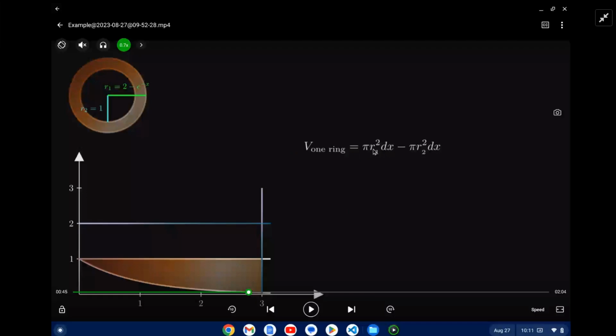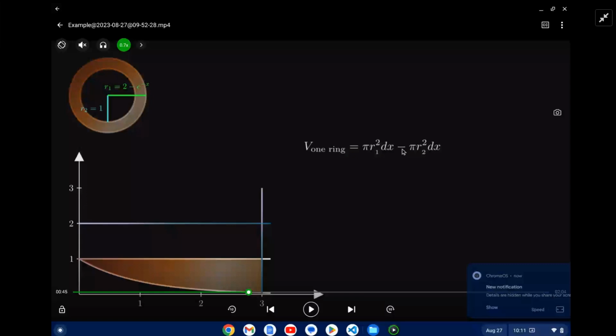The width is this tiny slice, dx. Then minus the inner radius, pi r squared again, times the width. Let's plug in our inner and outer radius. That's the volume of one ring.